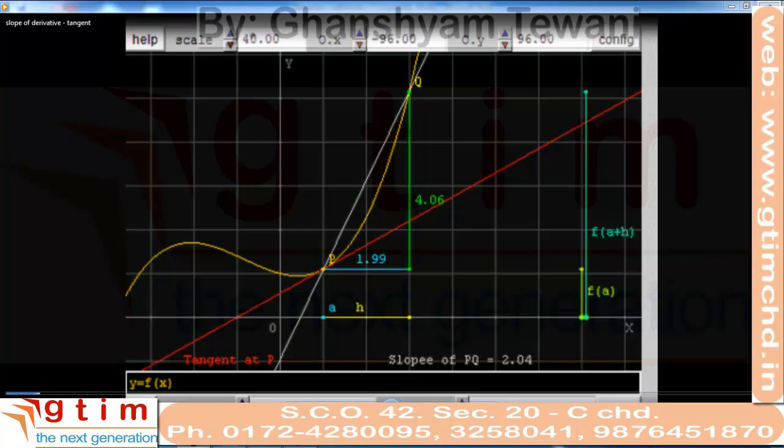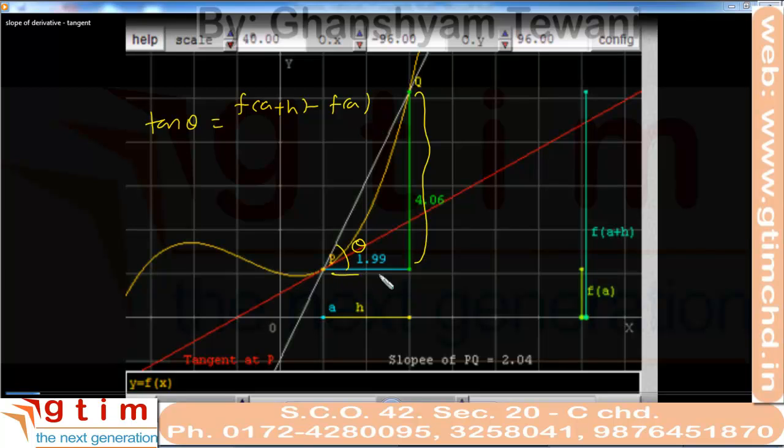Initially we had this angle theta, then tan theta is equal to this height, which is f(a+h) minus f(a), upon this width, which is h.